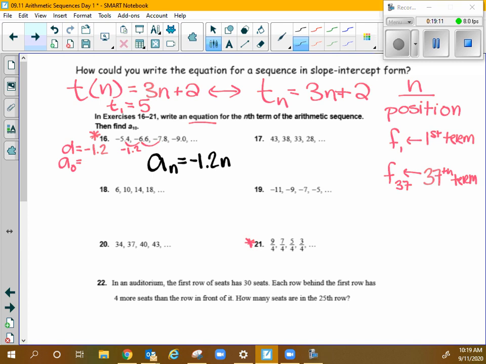So I found my 0 term, what do I need to do? Add 1.2. I'm working backwards. So 1.2 plus negative 5.4, negative 4.2.